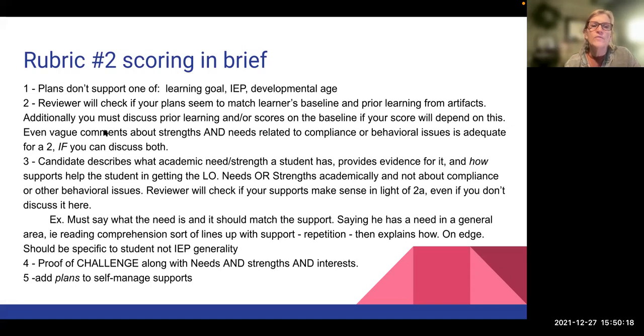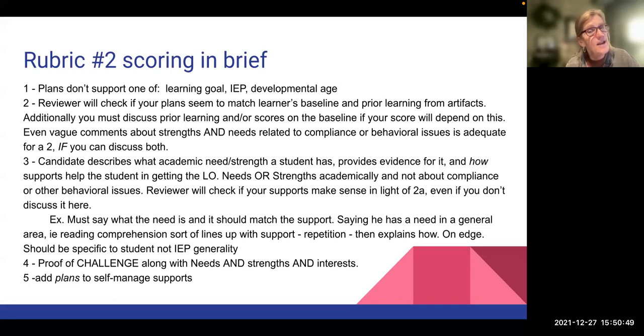So you can get a score of 1 almost putting anything down. A reviewer will check your plans to see if they match the learner's baseline or the prior learning from whatever artifacts you might have provided. But to get a 2, you really just need to show either that what you're doing connects with the student's prior learning, which you would have explained in 2A and be evidenced in some artifacts, or you give very vague comments about both strengths and needs.